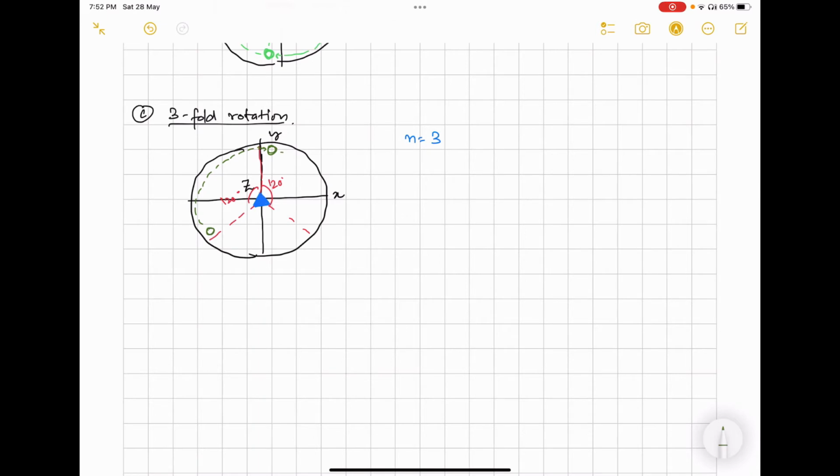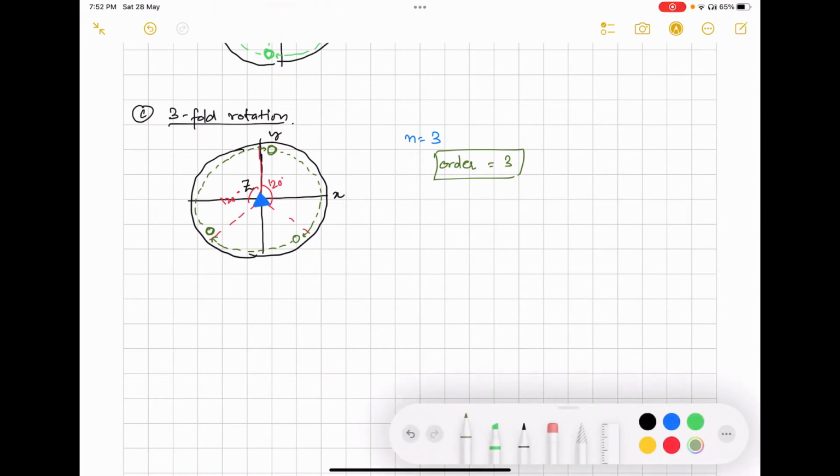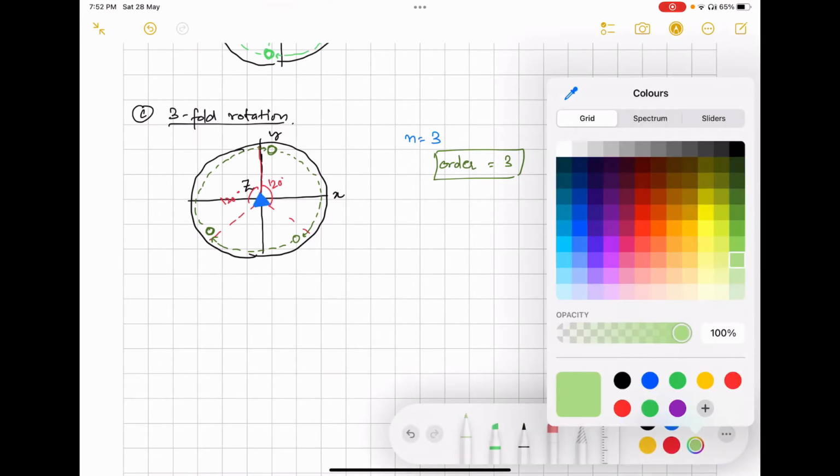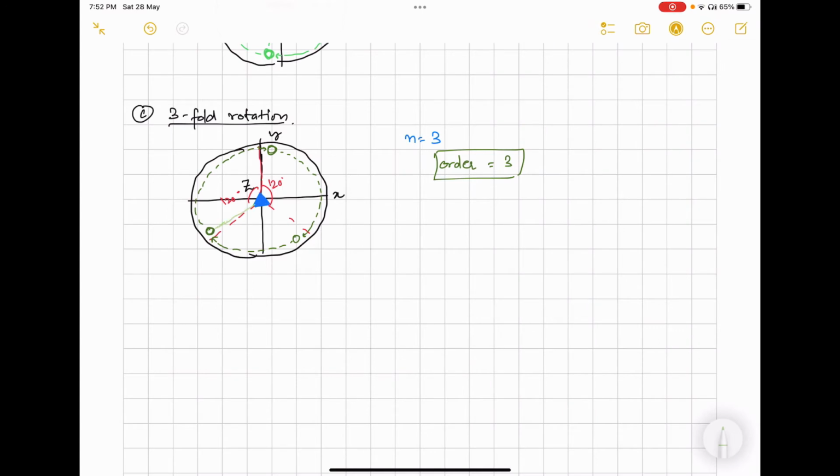Then after again 120 degrees, we continue to do so until it reaches its initial position. So it leaves 3 points. So the order of three-fold rotation is 3. This is your three-fold rotation. This is 360 by 3, that is 120 degrees of rotation.